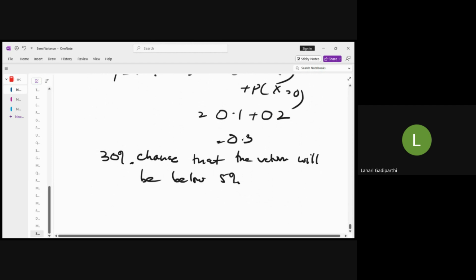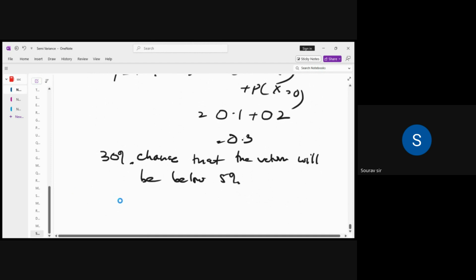So this is for probability of shortfall. Now you have expected shortfall. Expected shortfall is given by, again, for continuous and for discrete.